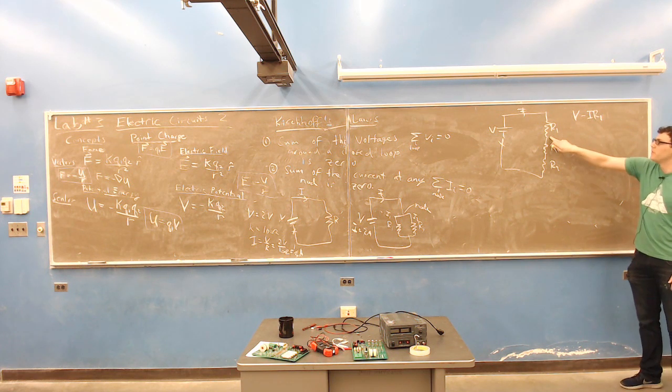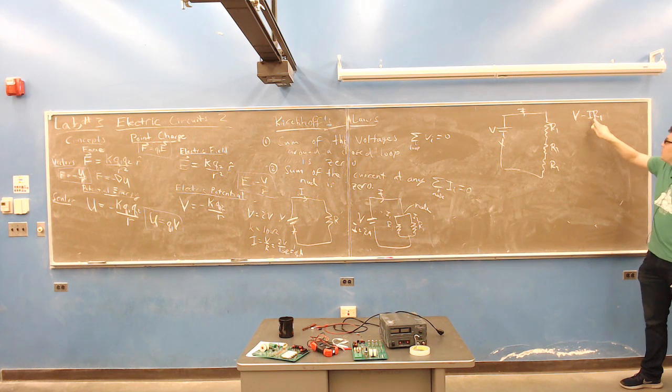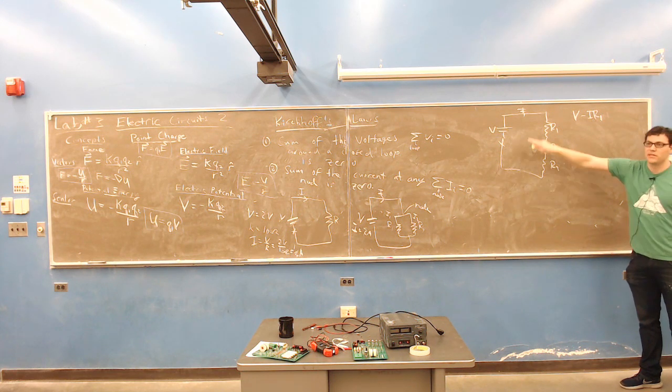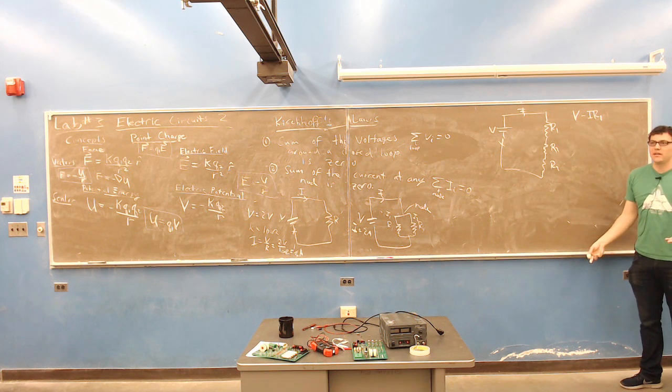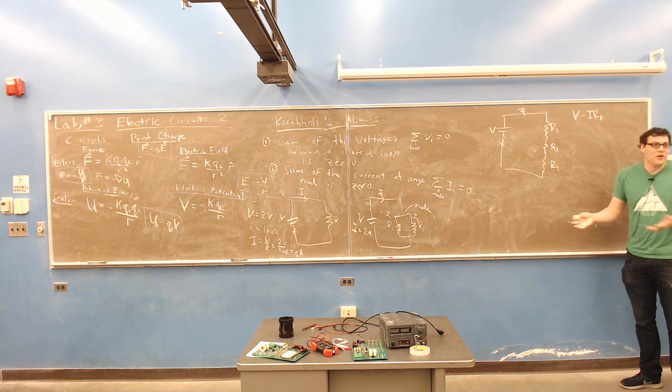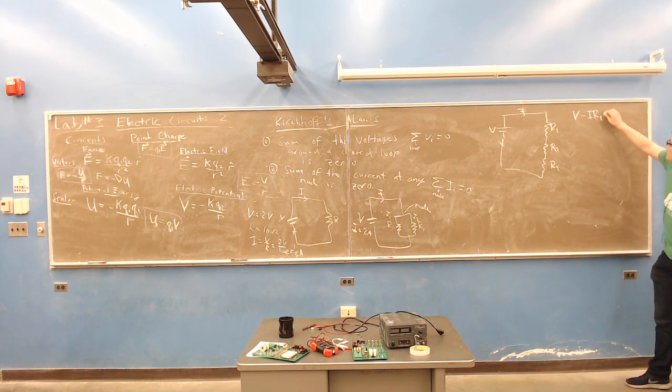The current going through this guy is I. I could put I1 here, R1, but we already know that the current going through these is all the same, right? Because last week we proved that. We measured the current going through each one, and we saw it doesn't matter. There's no nodes. It can't split up. And then we go to the second one. We do the same thing, I R2. And then the third one, I R3. And I'm running out of board space, equals 0.